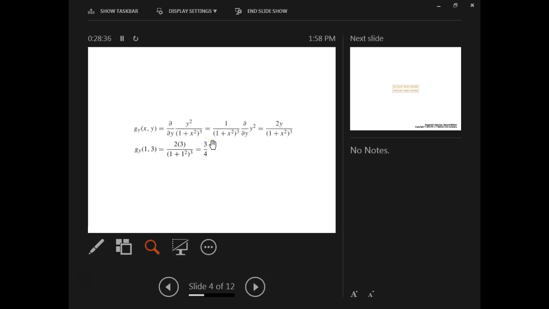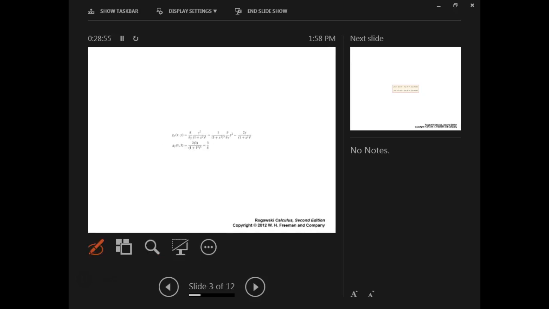That was evaluating the partial with respect to y. They first did the partial with respect to y and gave you the 2y over whatever the constant x was, and then plugged in the values and got 3/4. Why they didn't show you the harder one, I'm not sure. They showed you the easy one. Okay, so before we get there, let's do example 3.